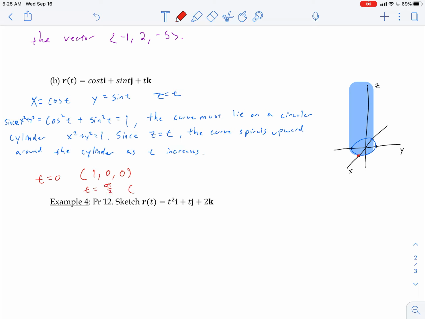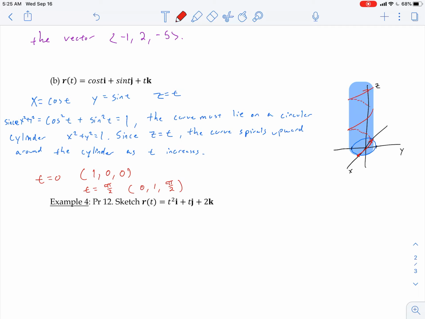So the next value I have to take is t equal to pi over 2. That gives me 0, sine of pi over 2 is 1, and then z is pi over 2. So that tells me that if we're going from 0 to pi over 2, we're increasing, and so my point's going to be going up. And if I keep going, it's going to go around.